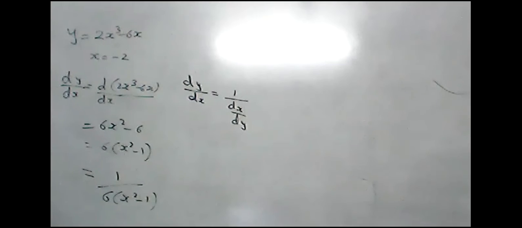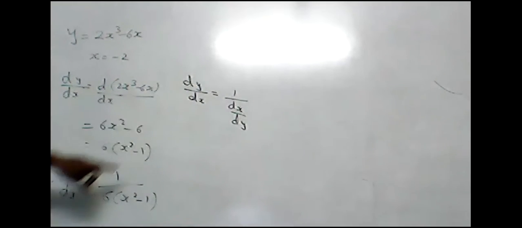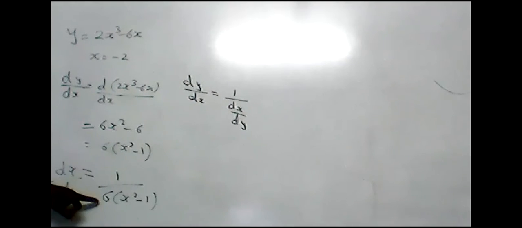Clear? So dx by dy will become reciprocal हो जाता है इसका, right? So reciprocal of this is 1 upon 6. Bracket में you have x square minus 1.